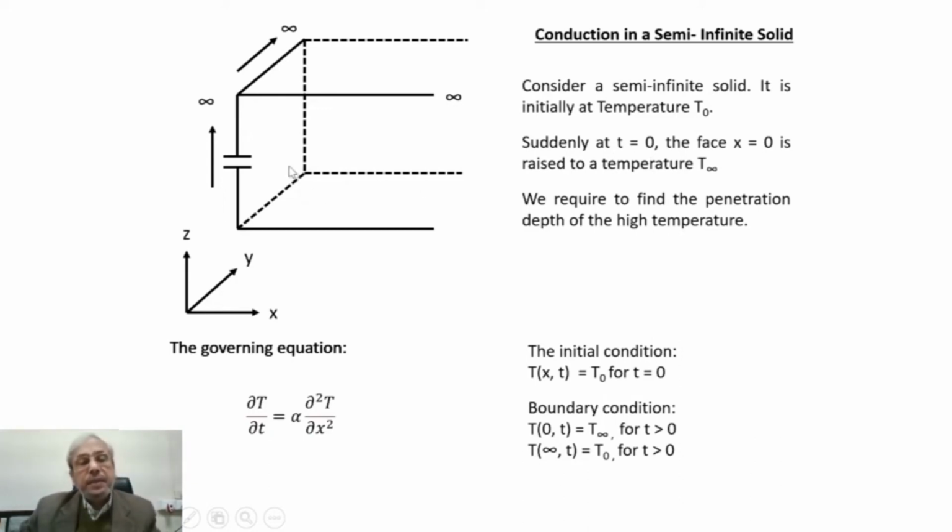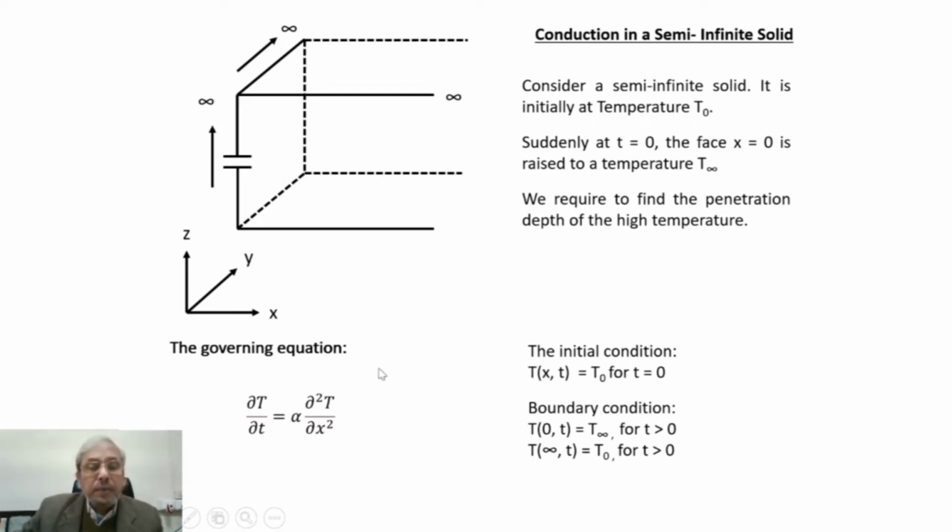At phase x equal to 0, the temperature is raised to T infinity. So that high temperature will penetrate in the x direction, and we require to find the penetration depth of this temperature perturbation.